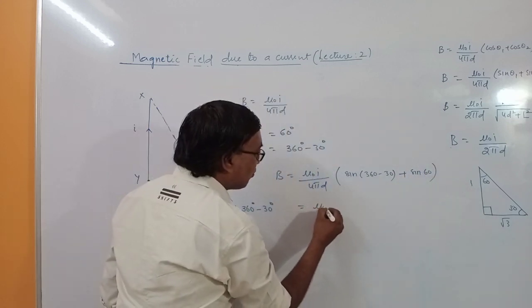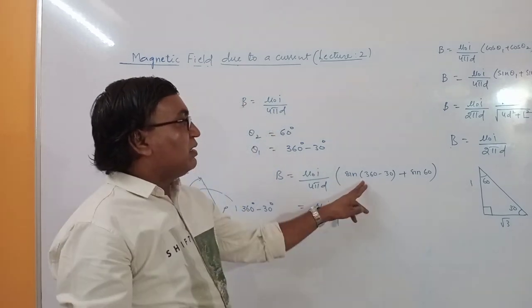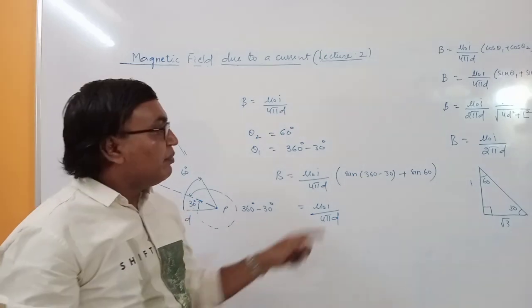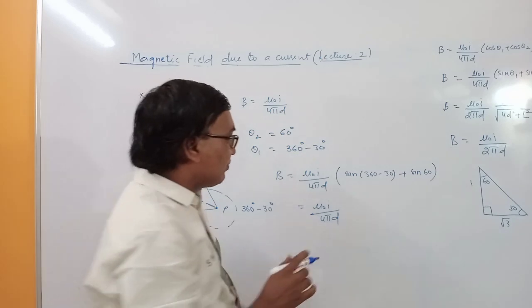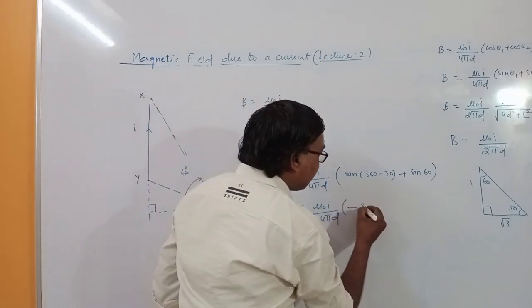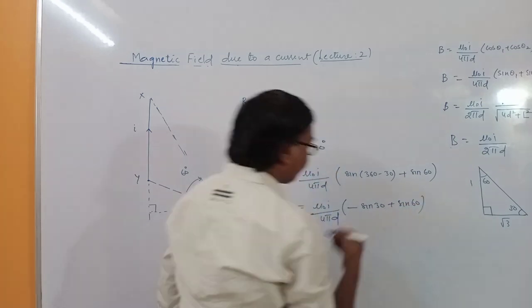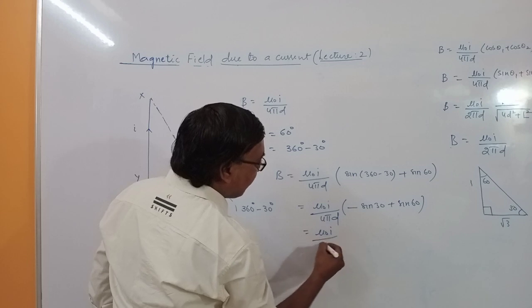So this will be equal to mu naught I by 4 pi d [sin(360 minus theta) minus sin theta], because this is lying in the fourth quadrant, and in the fourth quadrant sin theta is negative. So minus sin 30 plus sin 60. So just calculate, you will get the magnetic field.